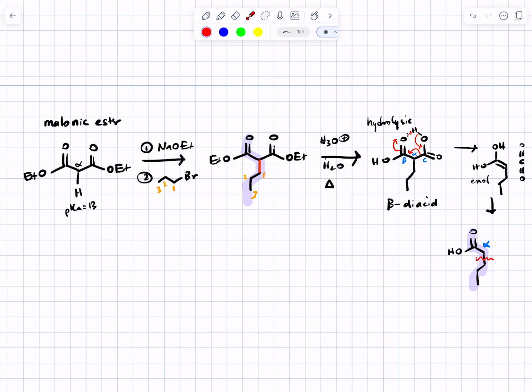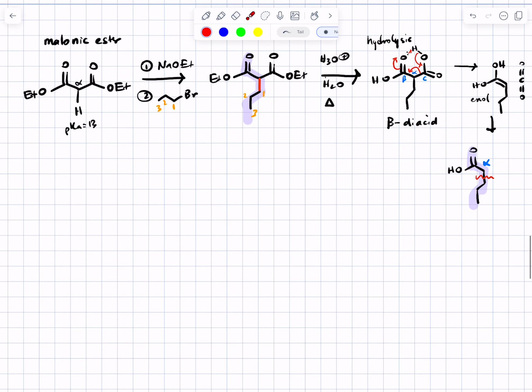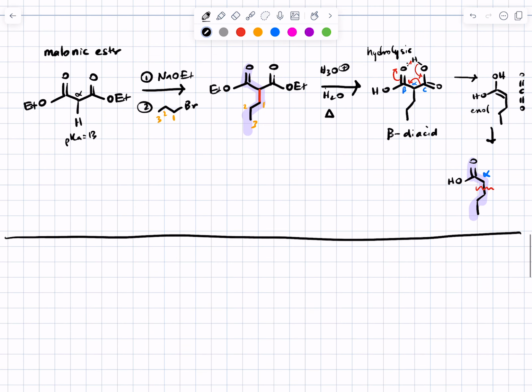Okay, so I kind of want to show you some biochemistry and biology involving decarboxylation, but there's a whole other reaction in this chapter that we need to talk about, and we maybe spend a little too much time on decarboxylation. So I'm going to hold off on that for now. What we've done so far has all been alkylation, or adding alkyl groups to the alpha carbon of various carbonyl compounds.